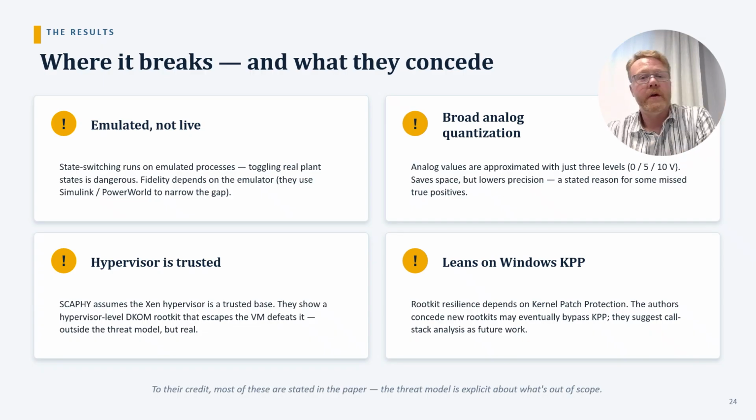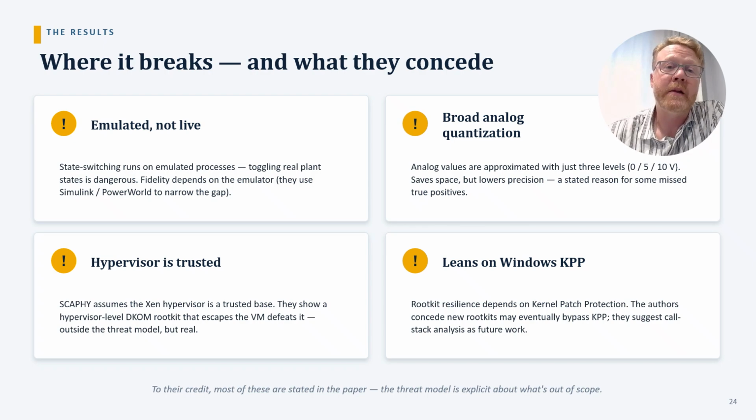So let's talk about some limitations here. There are 4 main limitations pointed out. Number one, state switching is emulated, not live. They say they did this for safety, but fidelity is a risk. So live environments are crucial for real-world evaluation. A moderate step to solve this would have been to put this tool in an advanced lab environment with real devices.